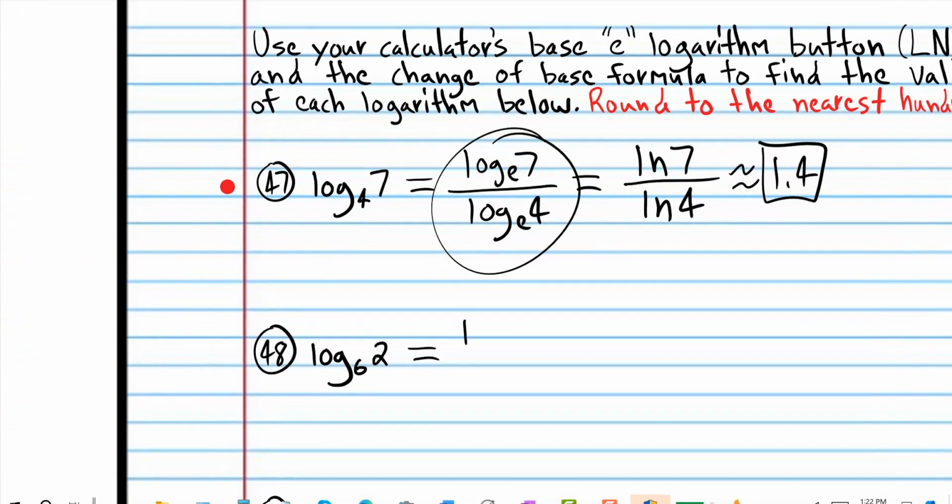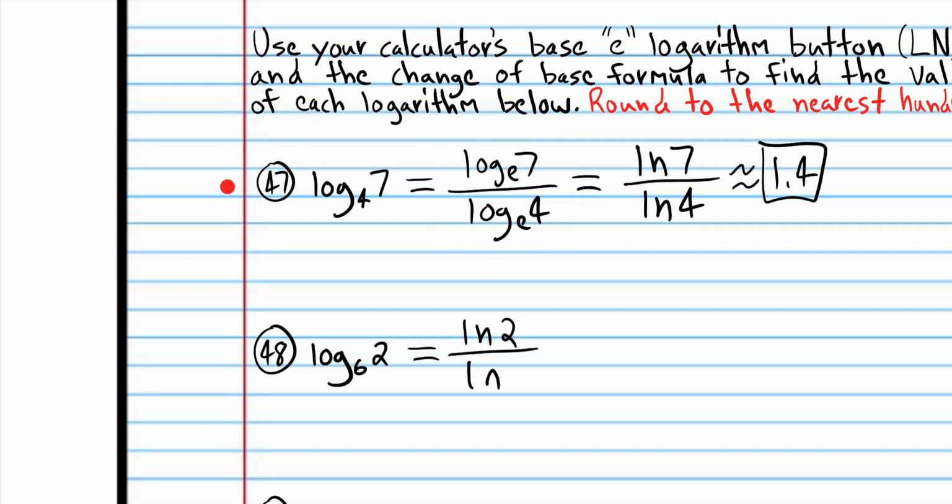We can just go straight to ln 2 over ln 6. The green alpha button, y equals button, enter. And ln 2, right parenthesis button, down arrow key, ln 6, right parenthesis, right arrow key, enter. And we get approximately 0.39 if we're rounding to the nearest hundredth.